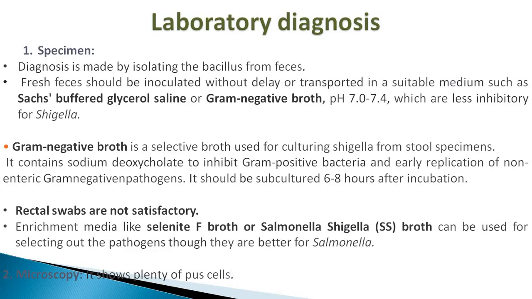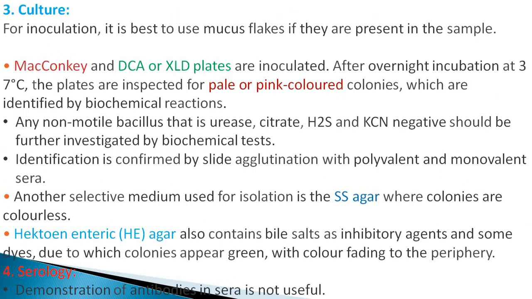Microscopy shows plenty of pus. For culture inoculation, it is best to use mucus flakes if they are present in the sample. MacConkey and DCA or XLD plates are inoculated and examined after overnight incubation at 37 degrees Celsius.